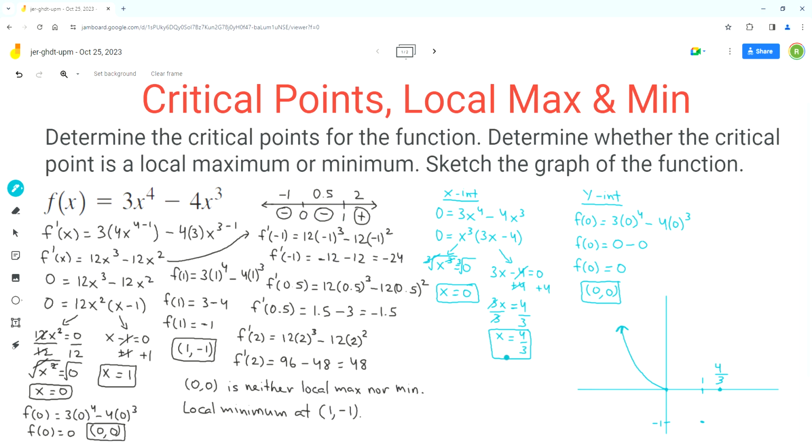That means it will continue to slope downwards towards the local minimum. Now to the right side of x equals 1, the function is increasing. So we should make it slope upwards and it should pass through the x-intercept 4/3. So this should be the sketch of this function.